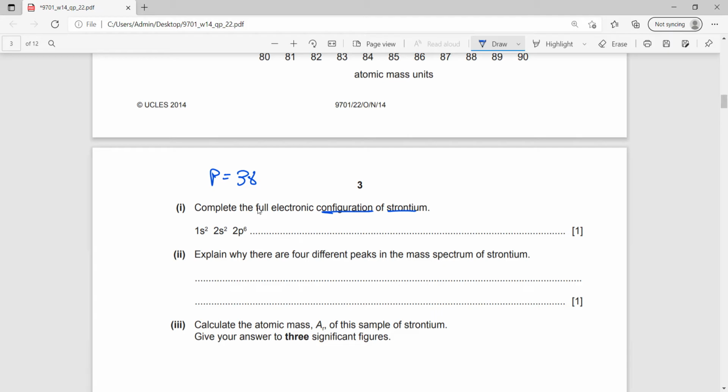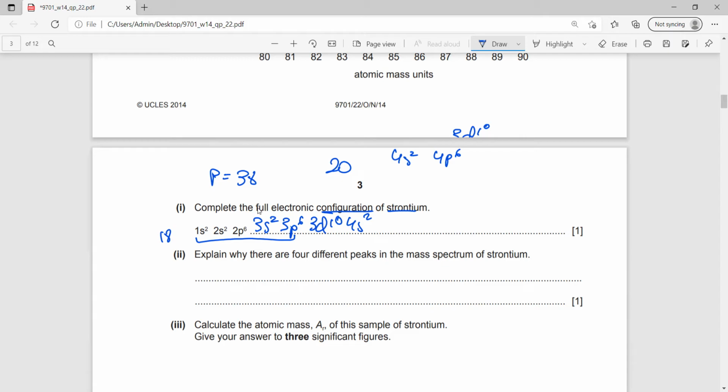So we just go normally: 1s2, 2s2, 2p6, 3s2, 3p6, right? That's 18 electrons, and from 38 take away 18, so we have 20 left. Therefore you fill first the 4s and then the 3d, right? So 4s2, 3d10, and then 4p6.